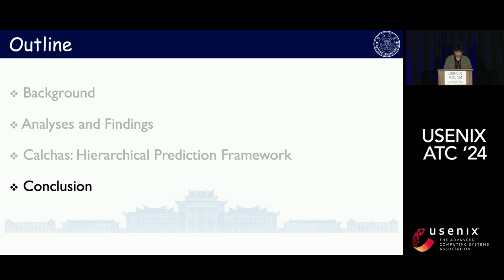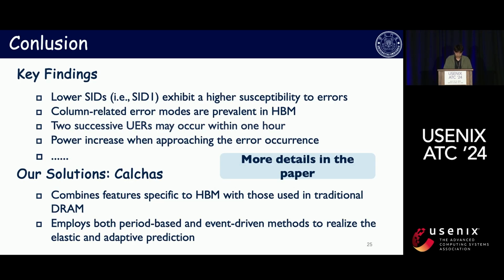Finally, let me summarize our work. We conducted an in-depth analysis on a real-world HBM error dataset. We found that the 3D structure affects error occurrence in HBM, leading to more column-related errors. Additionally, we observed that 2 successive UERs may occur within 1 hour.